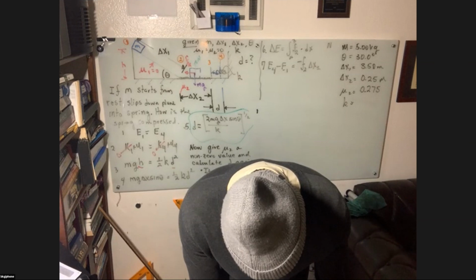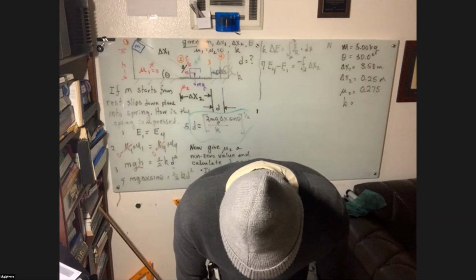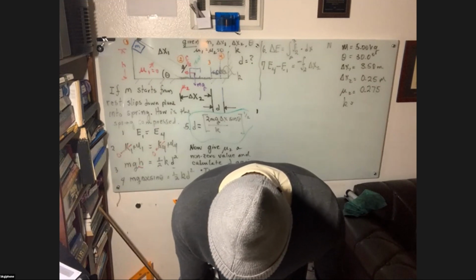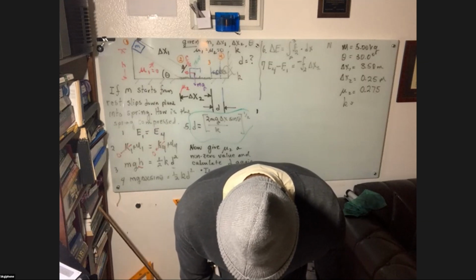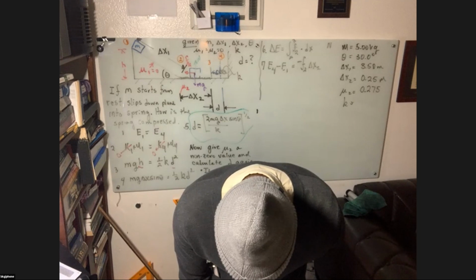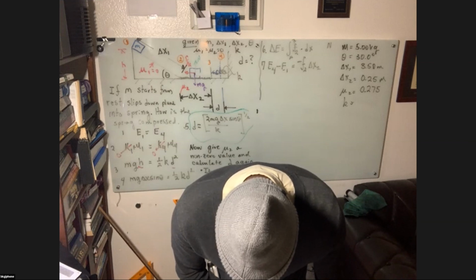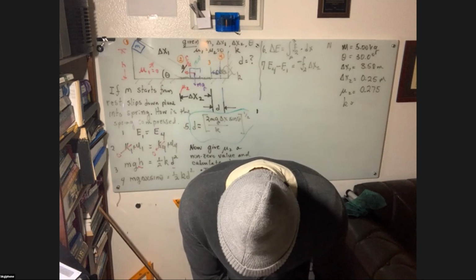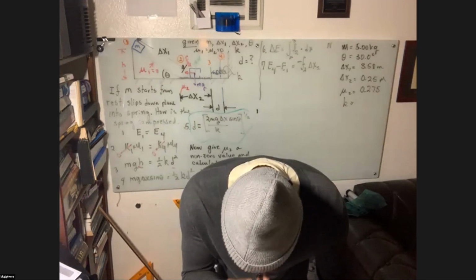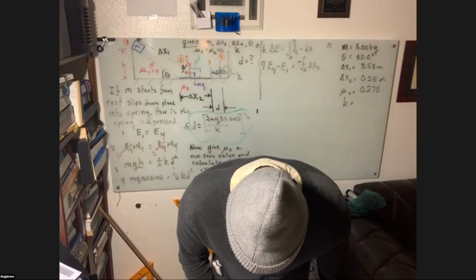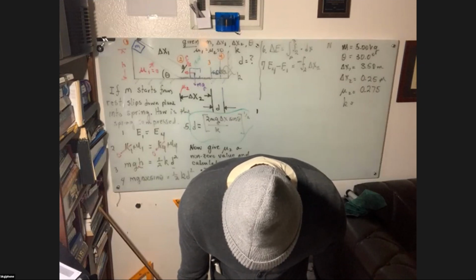Did it give one? Oh, they're asking you to calculate the spring constant. Most of these will tell you what the spring constant is. So 170 Newton per meter is one.